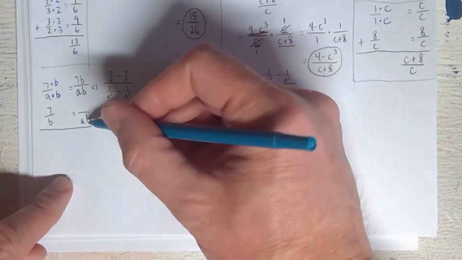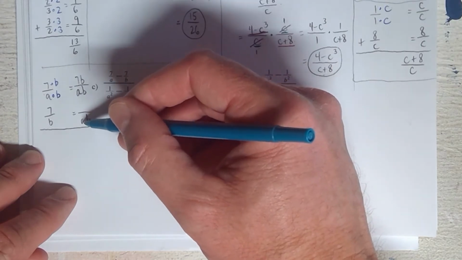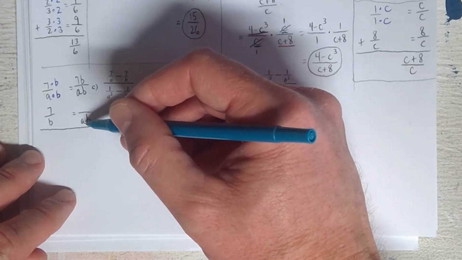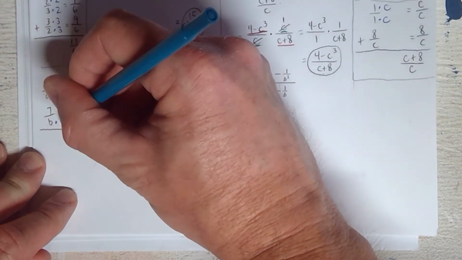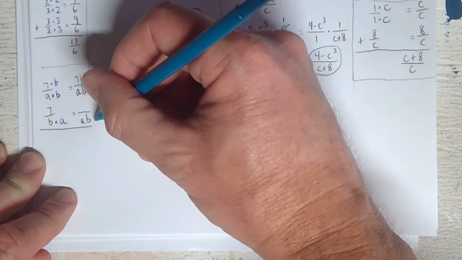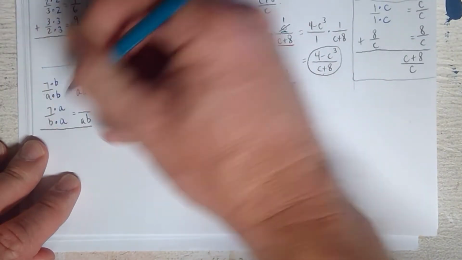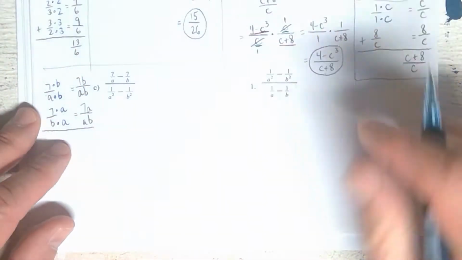Since a times b is the same thing as b times a, because when you multiply two things together, it doesn't matter what order you do it in, it would make sense that I would say b times a over here in order to get it equal to that LCD. And so we do 7 times a on the top, and we get 7a.